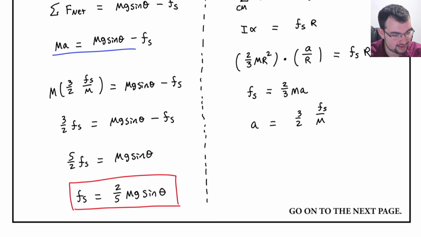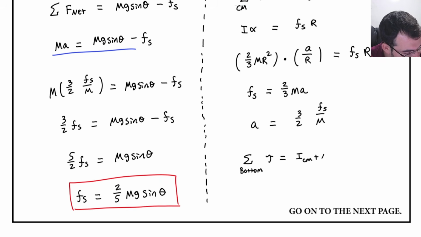There is an alternate method that gets acceleration really quickly, and then you can just plug in acceleration over here. And maybe I'll scaffold that on the side, where you could actually do the sum of the torques about the bottom is equal to, parallel axis theorem, moment of inertia times alpha, where you could look at the torque caused by the gravitational force.